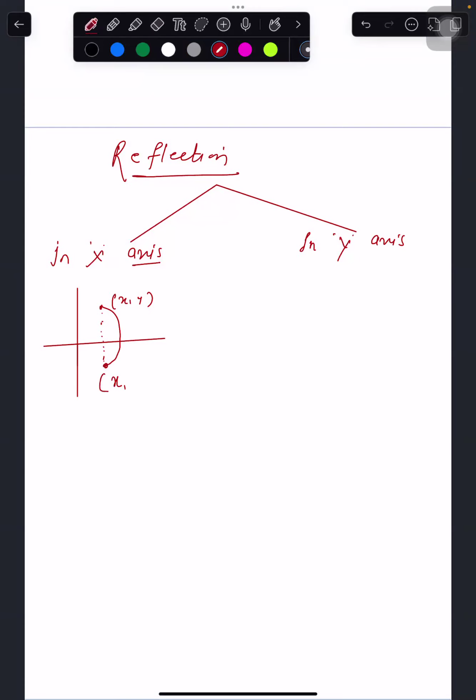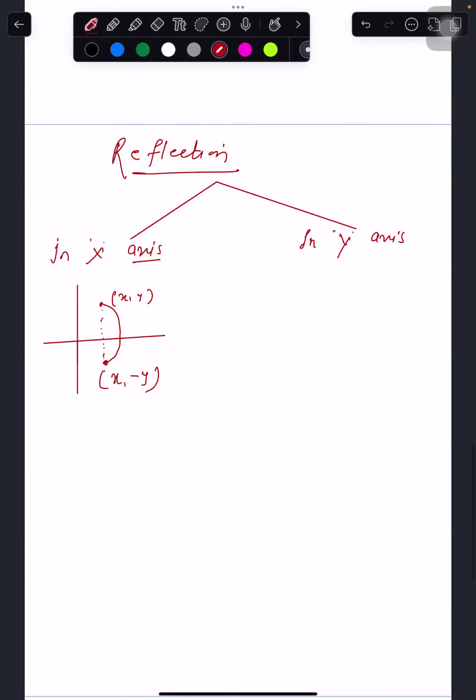It is not changing randomly. The only thing is that it is getting negated. So y will become what? Minus y. Because here y is positive, here y is negative. So the y coordinate is getting negated. So therefore it is minus of f of x. So minus of f of x represents reflection in x-axis.